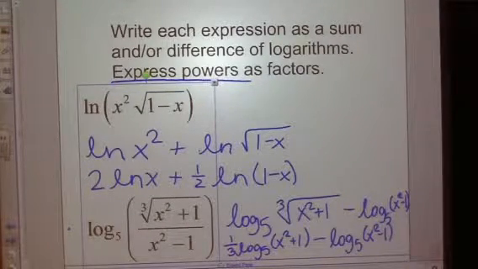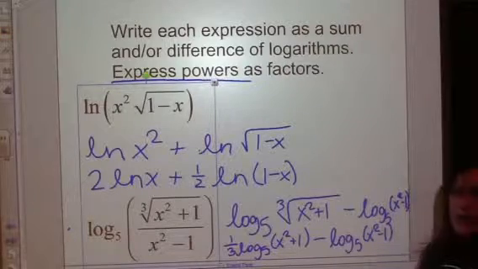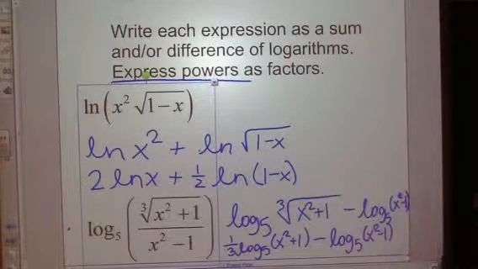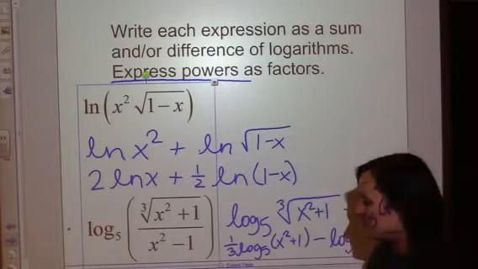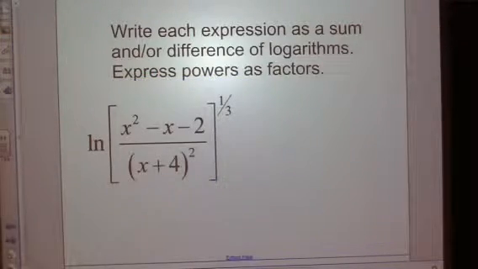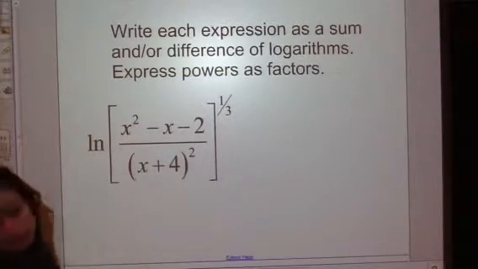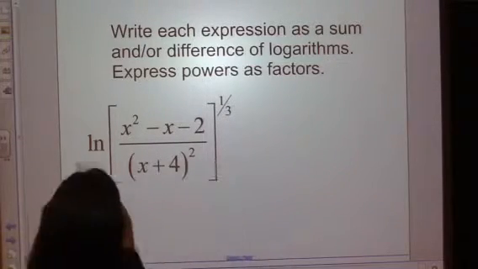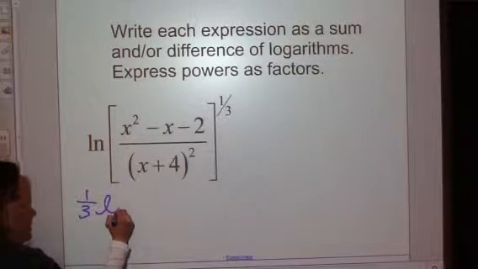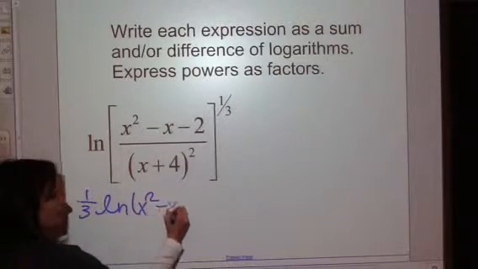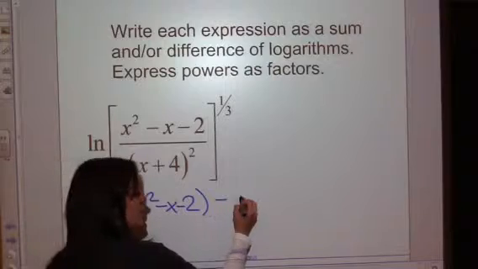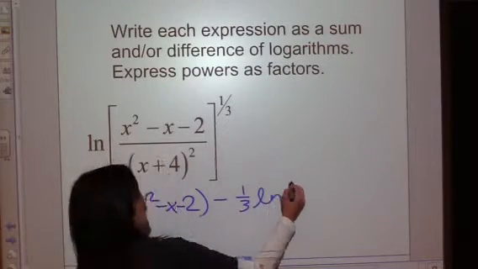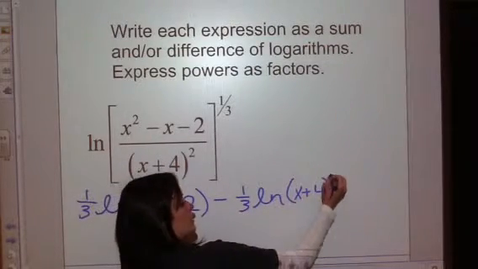For those of you that like to go for extra credit, this back part, x squared minus 1, can be factored. So you could put x plus 1 and then write another log and put x minus 1 on that one. So try this big kahuna one on your own. Alright, you should get a third ln of x squared minus x minus 2 minus a third ln of x plus 4 quantity squared.